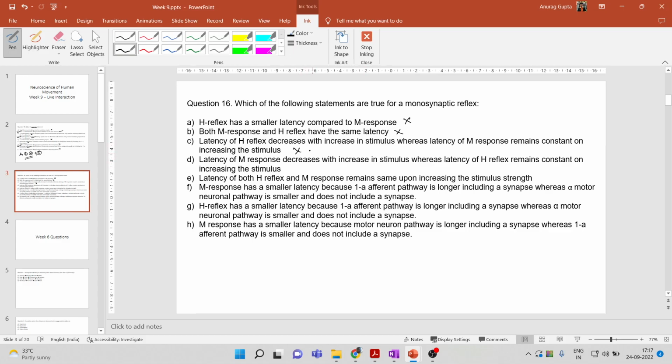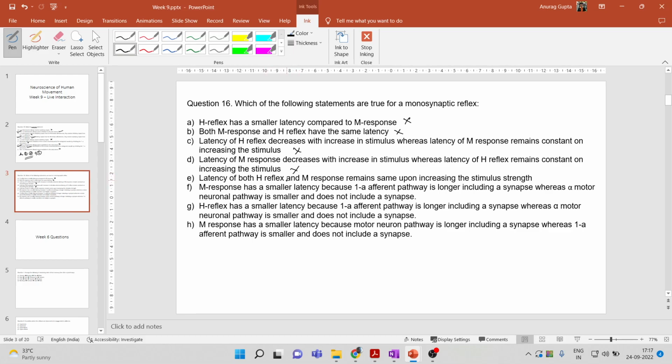This is wrong. The path that the signal should travel to cause the H reflex as well as the M response always remains the same. So the latency does not change for both of these. Latency of the M response decreases with increase in stimulus, whereas latency of the H reflex remains constant. Again, latency has no relation to the magnitude of the stimulus.